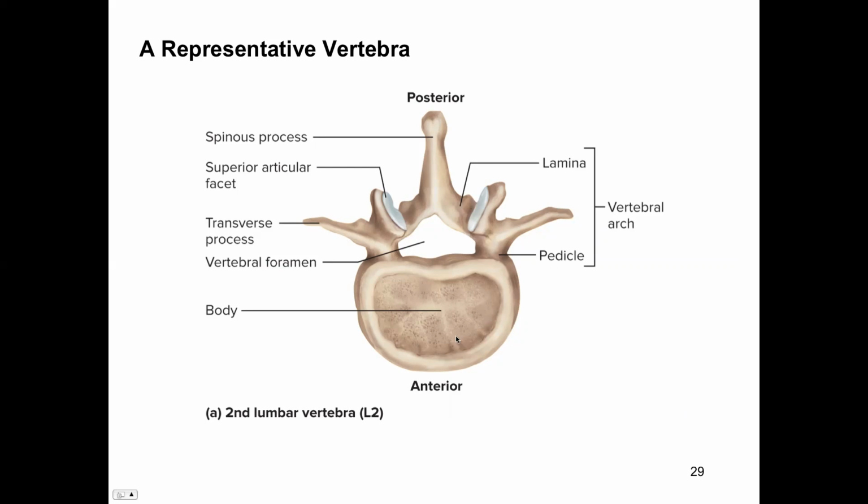Now, there are different facets, but they vary depending on which vertebrae you're talking about. The facets are where you're going to have joints, either with other vertebrae or, depending on the type, articulating with ribs as well. You're going to have different facets.